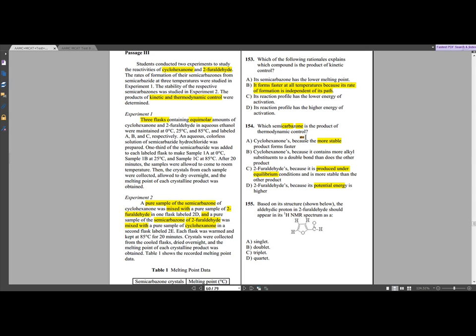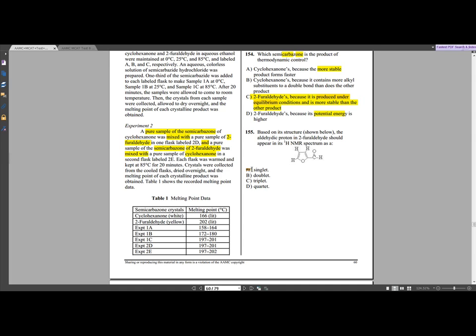So the only word I recognize that has anything to do with it is equilibrium. So I'm just gonna choose it because I see that word. Otherwise, I mean, there's nothing I can go on.